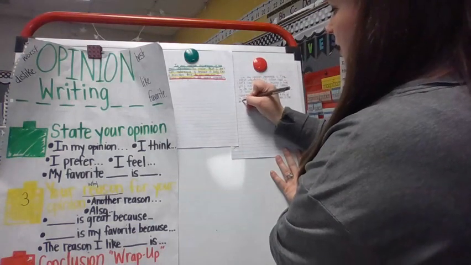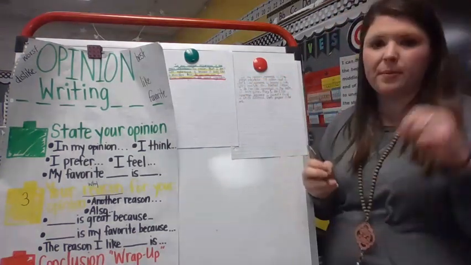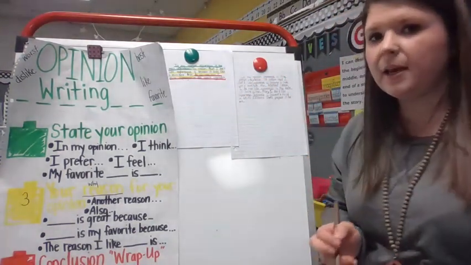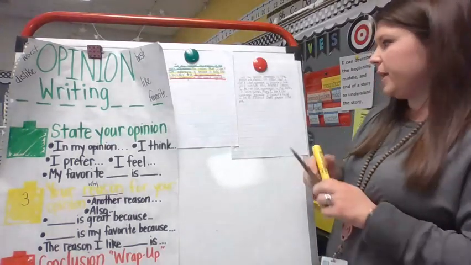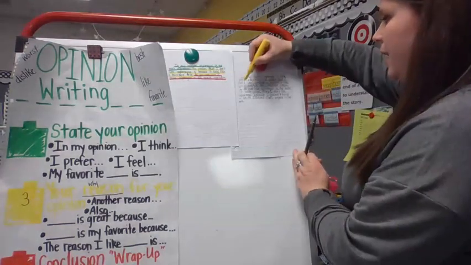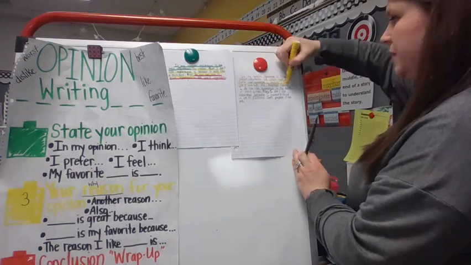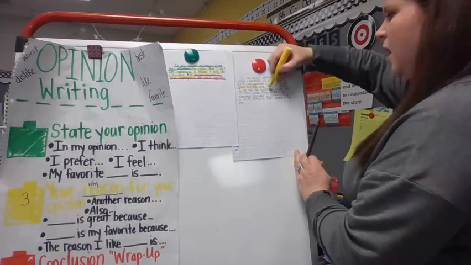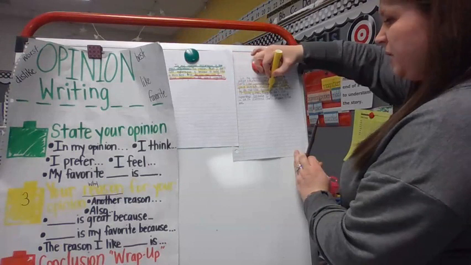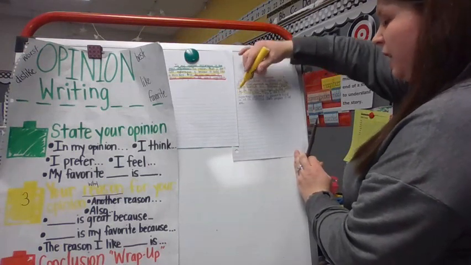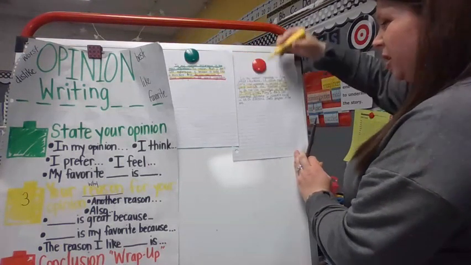Okay? All right, so now remember I started with one reason and I had to grow it to 3. So the reason that I don't like asparagus is because it looks like a miniature tree. Another reason I do not like asparagus is the taste. It tastes bitter.